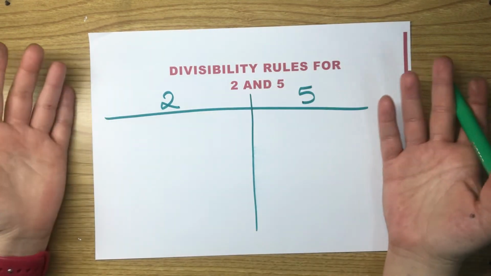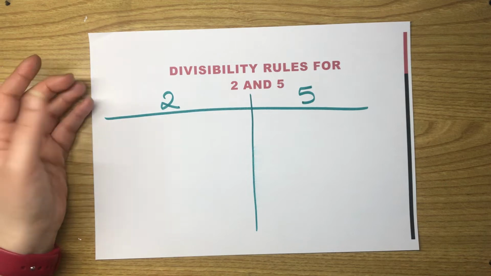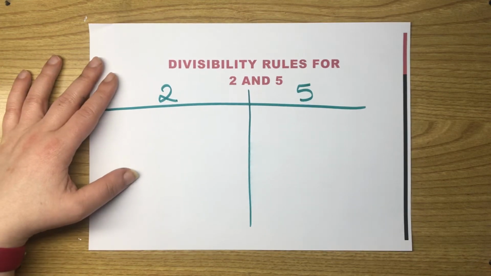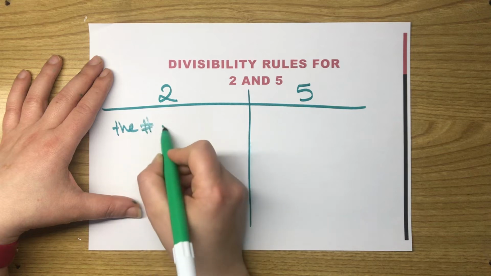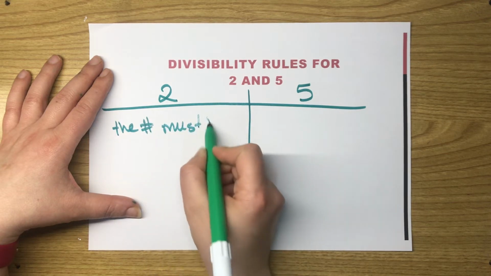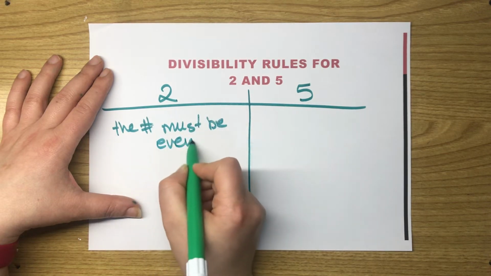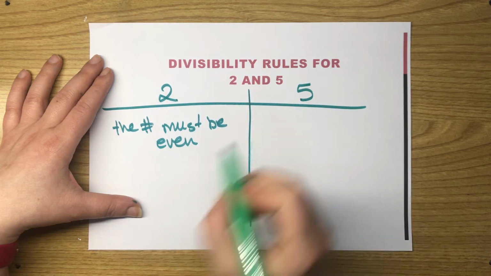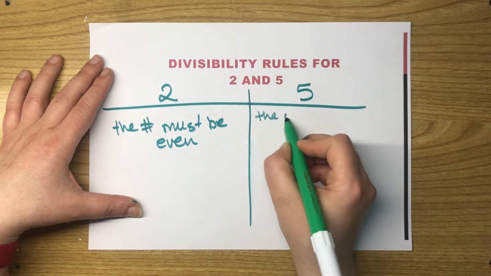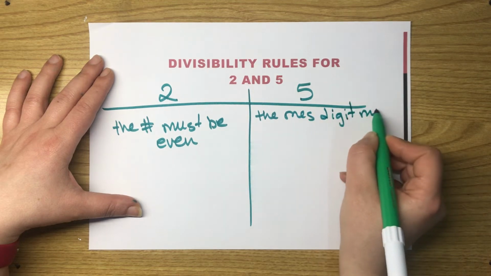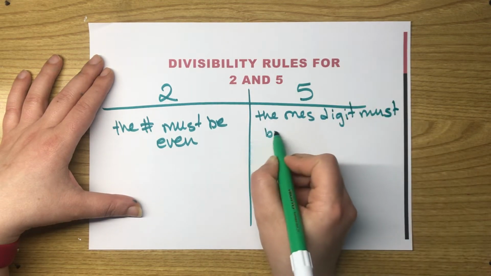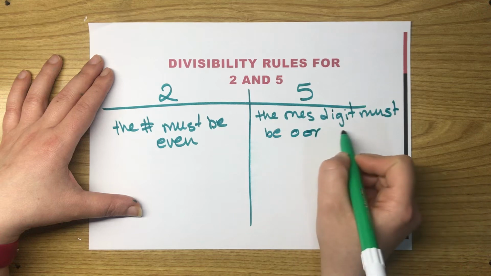I just mentioned it minutes earlier. Yes, the number must be even. For 5, the ones digit must be 0 or 5.